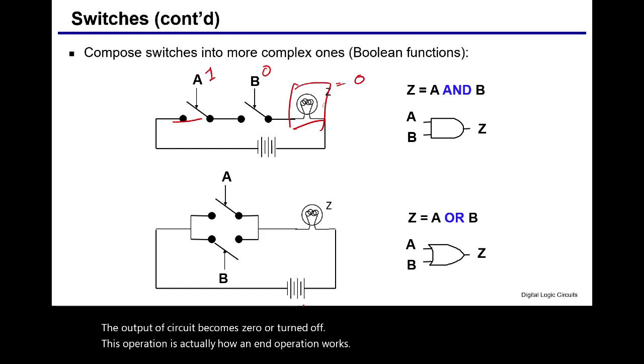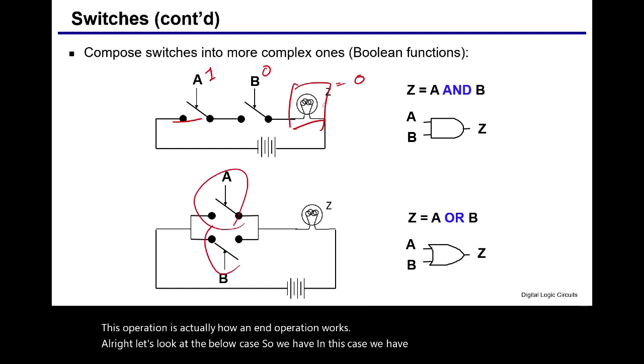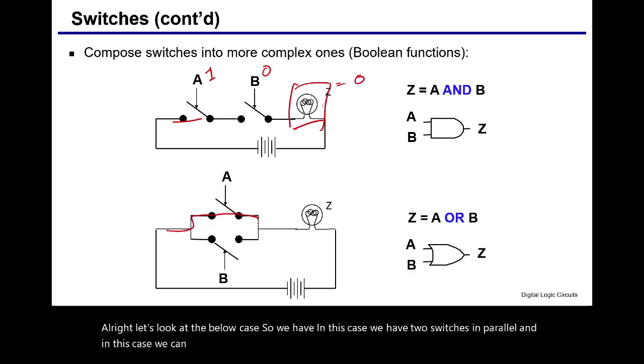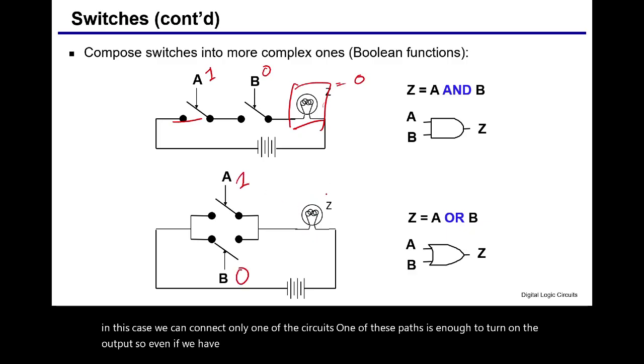Let's look at the below case. In this case, we have two switches in parallel. And in this case, we can connect only one of the circuits. One of these paths is enough to turn on the output. So even if we have 1 at only one of the inputs, we can still turn on the output.